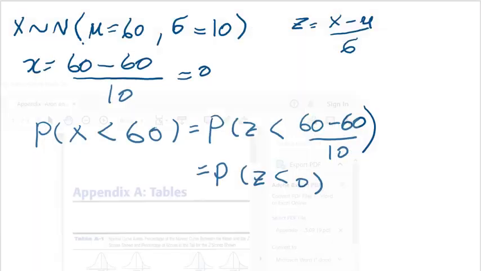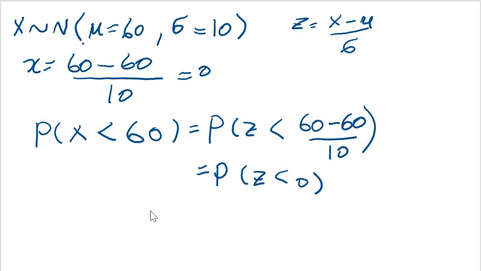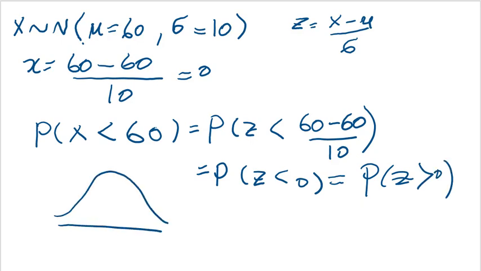I'll show you how you do it. In here, I write it as probability of z less than 0 is the same as probability of z greater than 0. And then in your normal curve, you have got 0 in here.